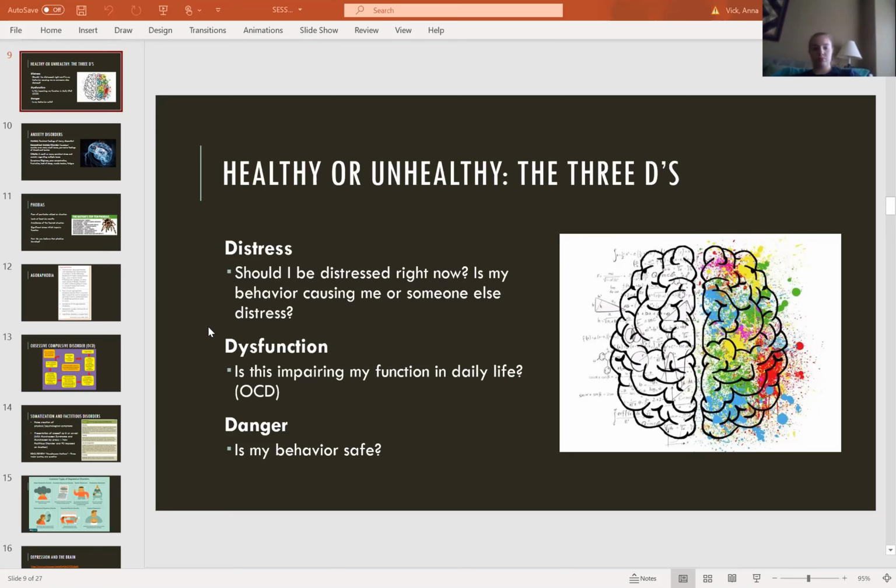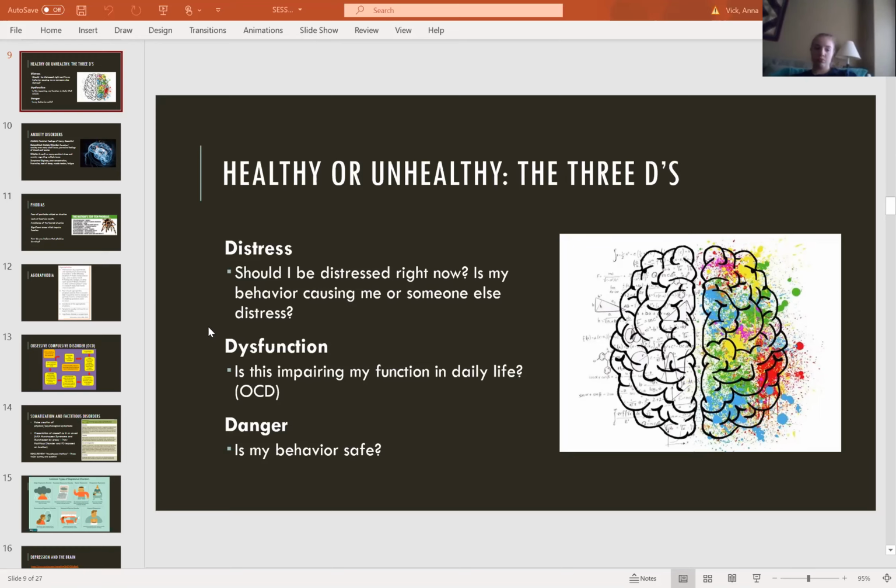So distress is my behavior causing me or someone else distress. So an example, just since it does fall into a psychological diagnosis category as well, let's say that a person is drinking alcohol very frequently. And the person is wondering, is this a concern? Is this an addiction? Is this an unhealthy behavior? Or is it just something that I'm doing socially and something that's no big deal?